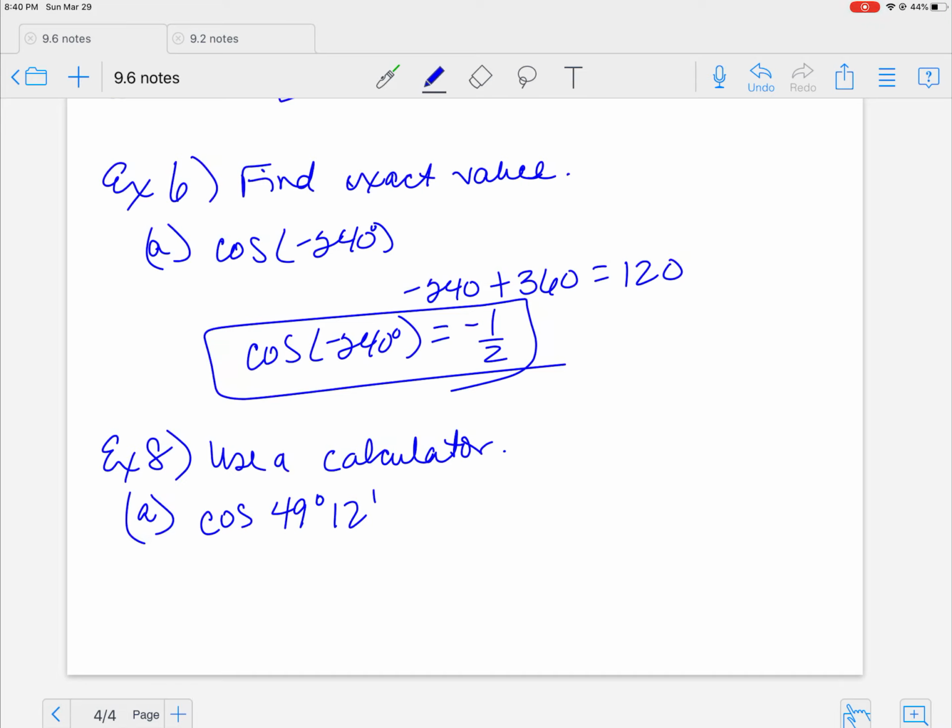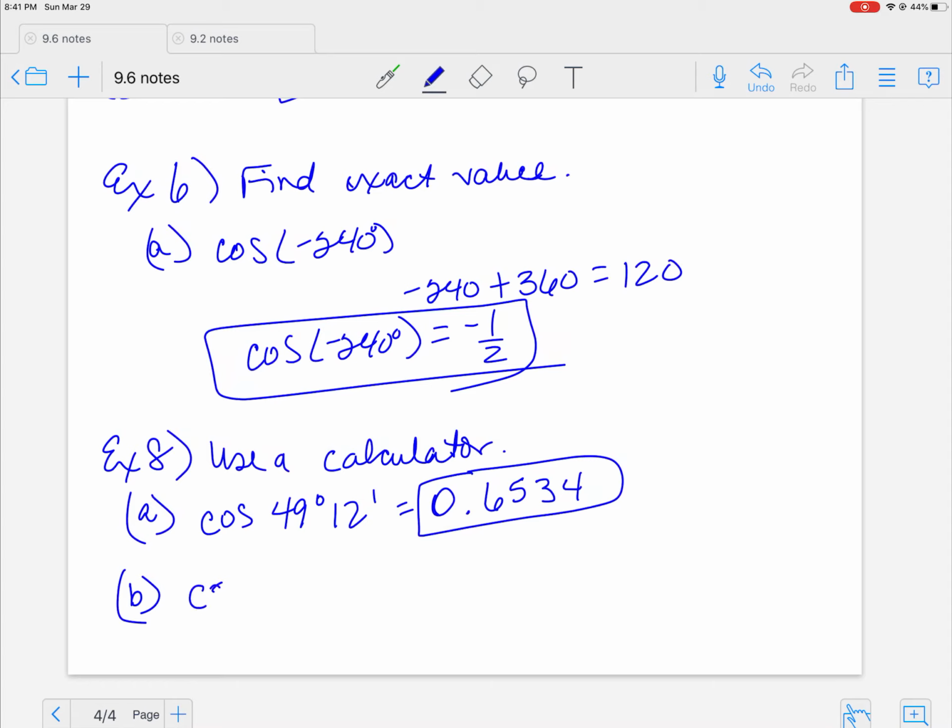Now, we're not going to have this all the time, but to have this cosine, you literally just take your calculator and you plug that in. When you're plugging that into your calculator, then you have 0.6534. We'll just take it to the 4 decimal places. Bam, then you're done.